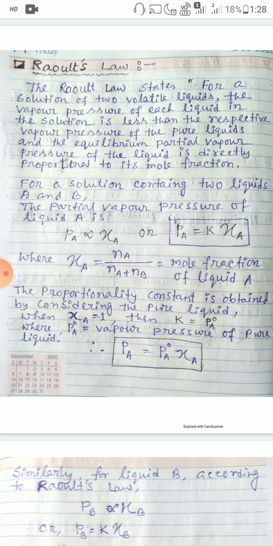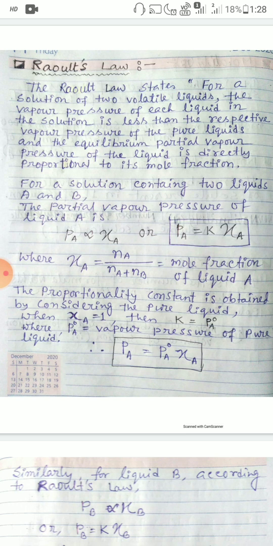The actual statement of Raoult's law is that the equilibrium partial vapor pressure of the liquid is directly proportional to mole fraction. That is, partial pressure P is directly proportional to its mole fraction X.